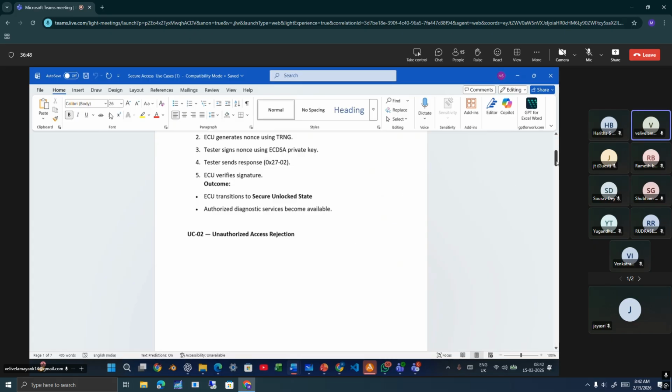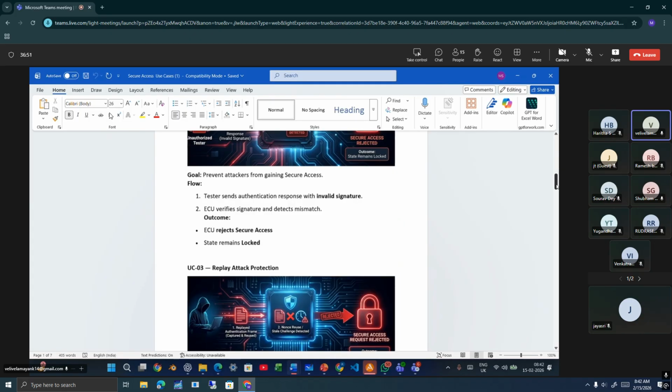That is my second use case. Third, replay attack protection. That means I gave one challenge, you already verified it in the previous power on. Now again you are replaying that. I need to reject that. That is nothing but replay attack protection.